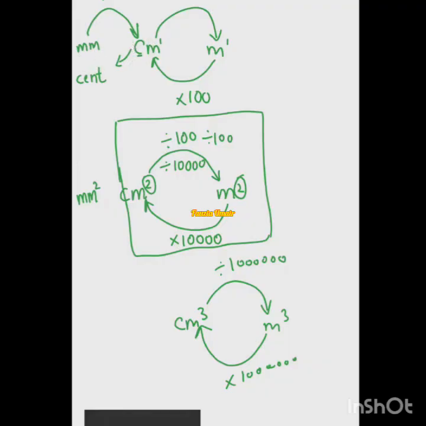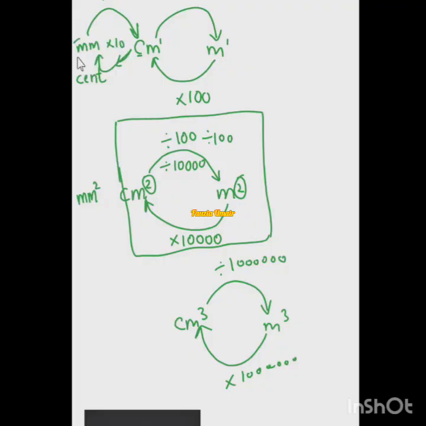Ten, right? Have you seen your scale? Between 0 and 1 there are 10 small lines in the middle. Each is 1 millimeter, right? So it is 10. And if we go from centimeter to millimeter, we multiply by 10.